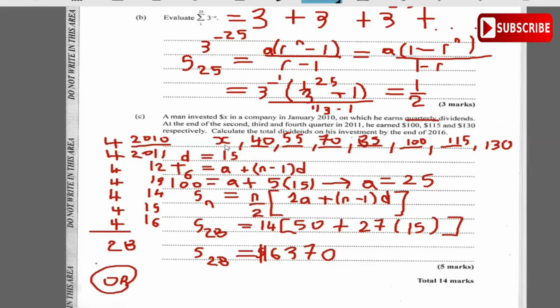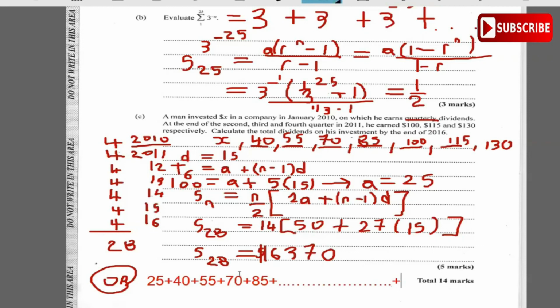Once you find that he started by investing 25, you can add up 25 plus 40 plus 55 plus 70 plus 85, increasing by 15 until you reach the 28th term, which I don't know what that would be. Then you add up all of this and you get 6,370.